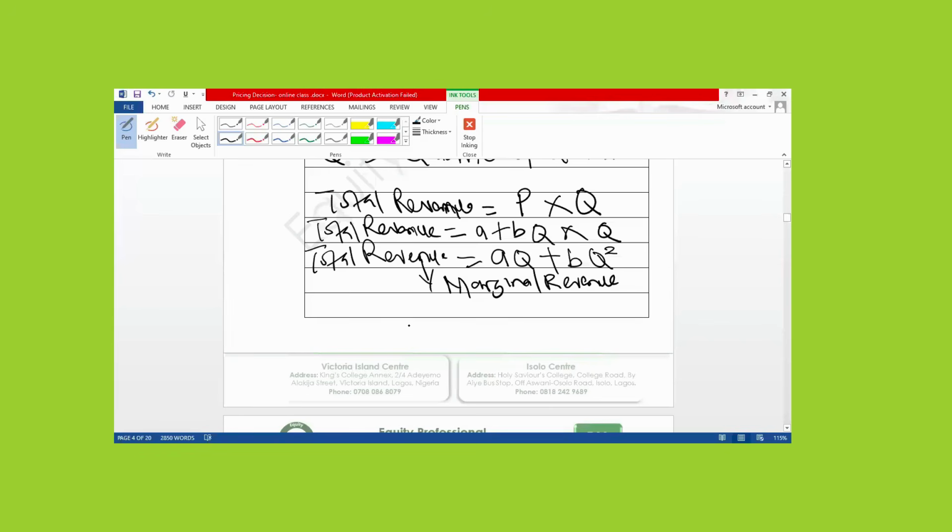To maximize profits, marginal revenue must equal marginal cost.